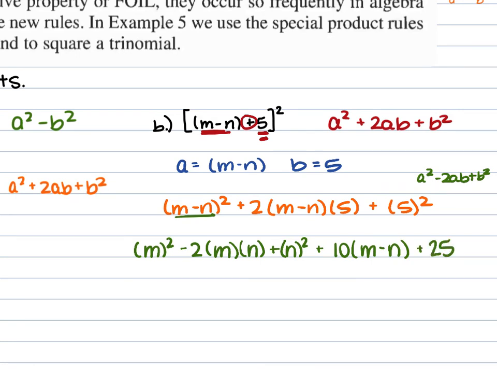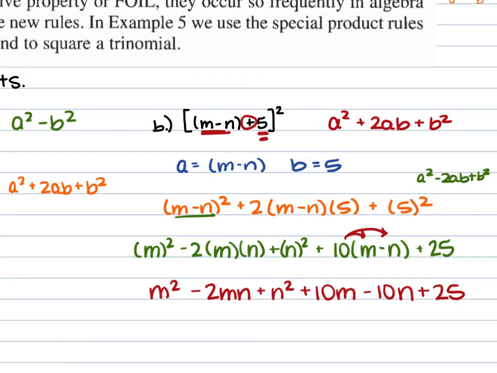So if we just keep simplifying this, that m squared is m squared. The 2 times m times n is going to give us a negative 2mn. The n squared is n squared. 10 times m minus n, we distribute the 10 in there. So we get plus 10m minus 10n, and then we drop down that plus 25.